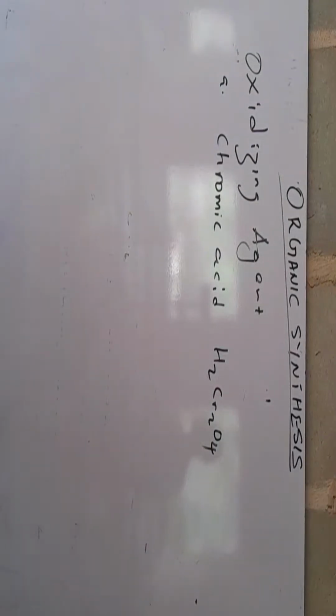Now, in connection to chromic acid, there are ways that we prepare it because you have to prepare it so that it can perform the function. Some of them you have to prepare intermittently. What does that mean? It simply means once what you want to use it for is available, you can then procure them.